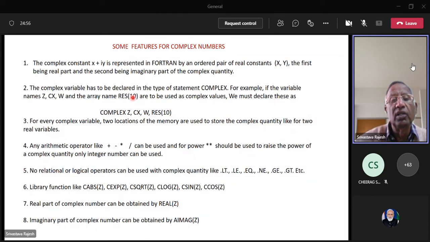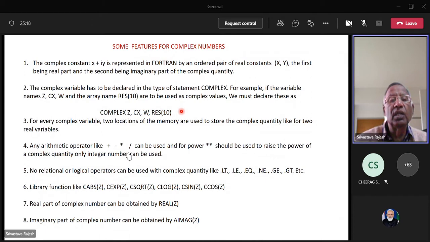Only these variables will be used as complex. So all the declarations, real, integer, double precision, complex, are done in the beginning of the program.